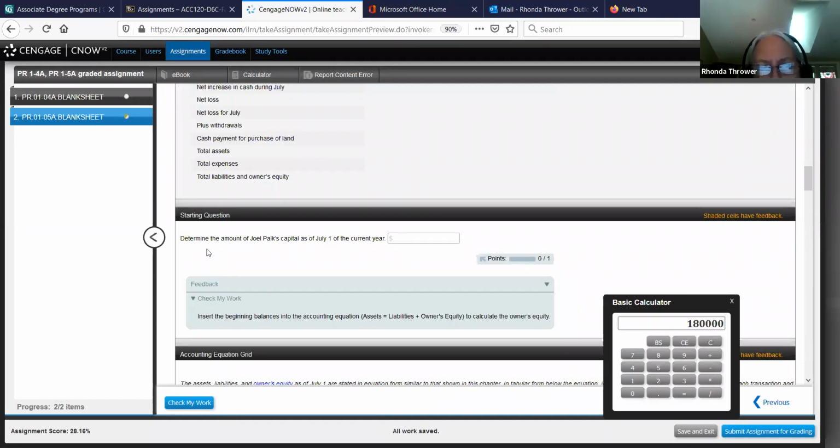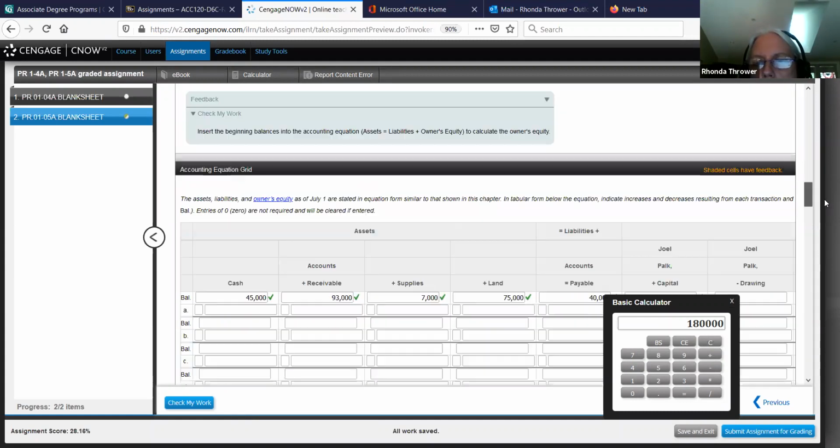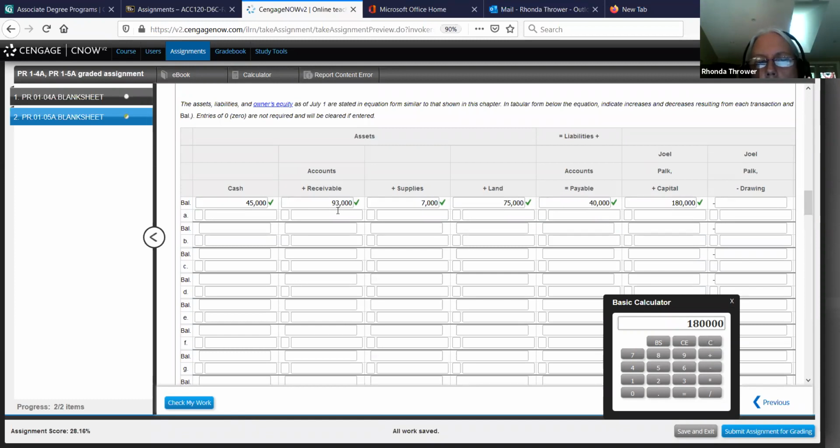So the starting question asks you to determine the amount of the capital as of July 1st. That's what we just did, and this amount would be $180,000. It's just easier if you started out in the accounting equation itself, write down everything they gave you as beginning balances, add up all your assets to total them, subtract the total of your liabilities, and that will leave you with the owner's equity.